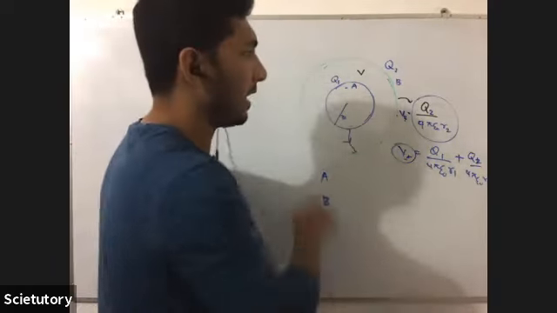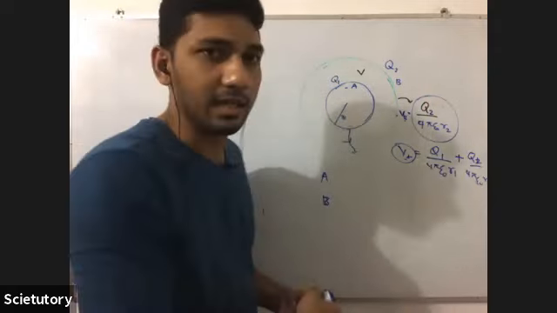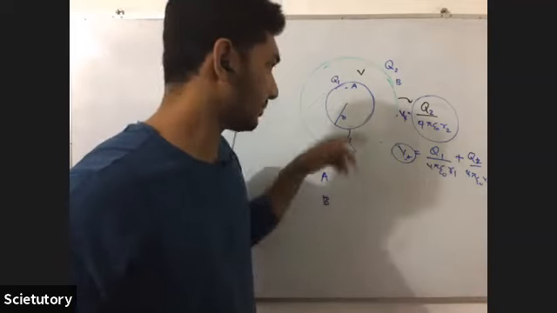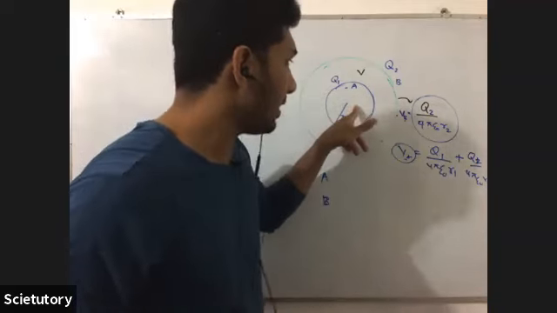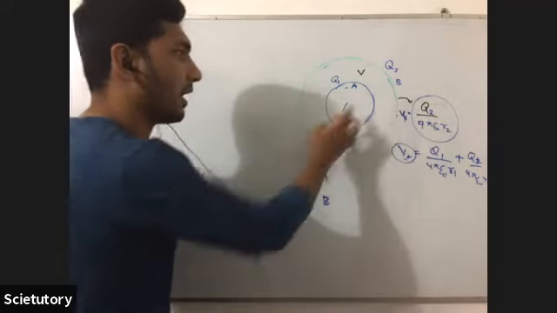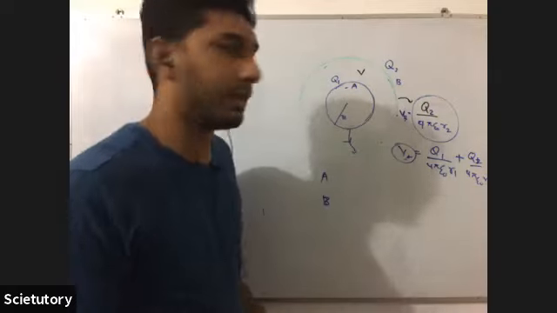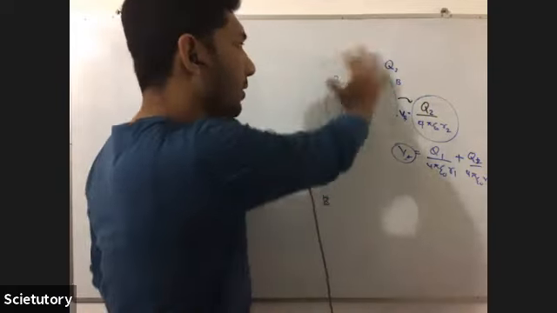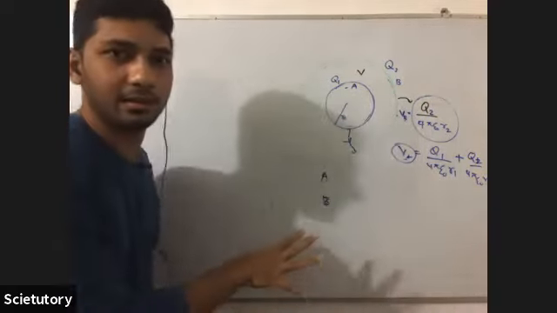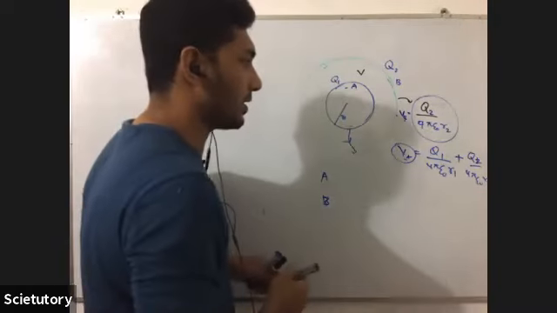Because it cannot have an extra charge, since if it has an extra charge, it will always have a higher potential than B. What is there on B is already there on A. So there cannot be an extra charge on A. So A loses everything.